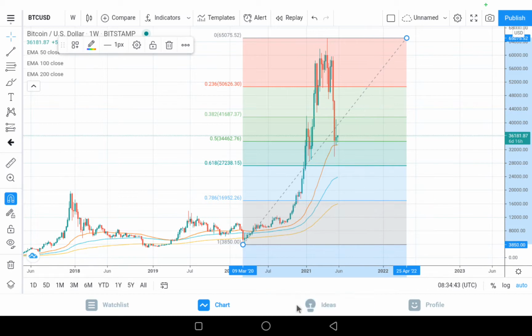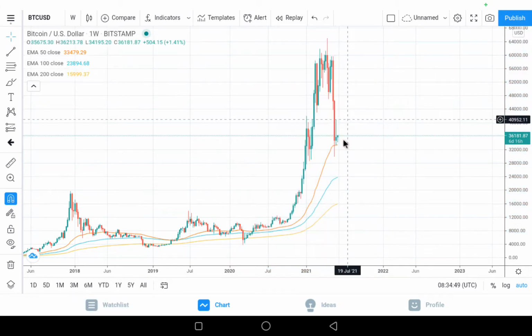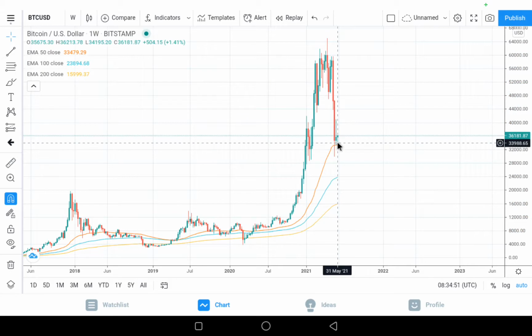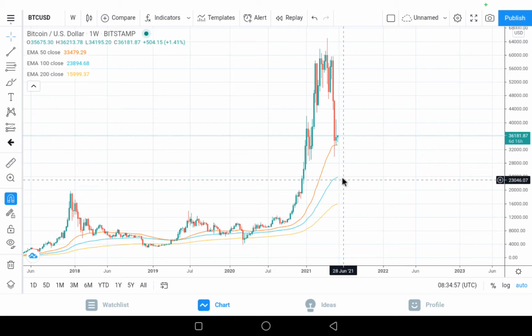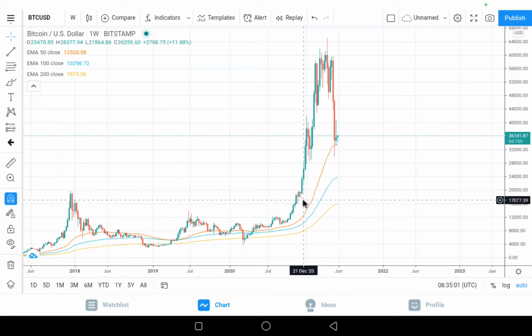And the second scenario is on the weekly, also using the EMAs. If you go below the 50 EMA on the weekly time frame, that is 24. I actually wish we don't go below this, because 24 is basically close to 20, and 20 serves as a psychological level for the Bitcoin crypto community.